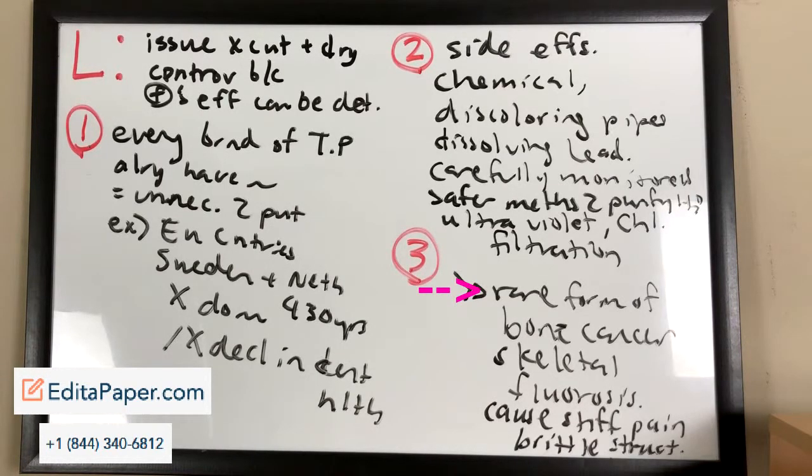Hopefully you remember the task work question about short-term memories that we did not too long ago. Anyways, drinking too much water with fluoride can also lead to the development of skeletal fluorosis, which causes stiffness, pain, and a brittle bone structure that is more susceptible to fractures and other injuries related to a fragile bone.